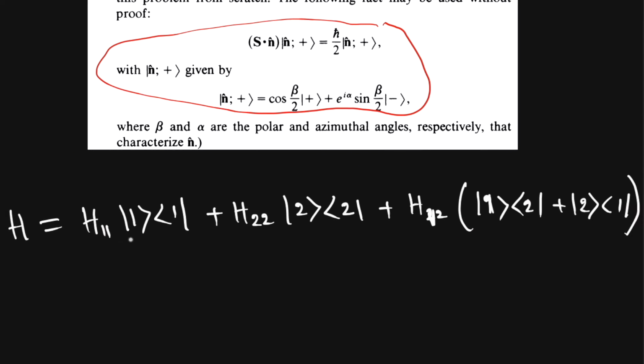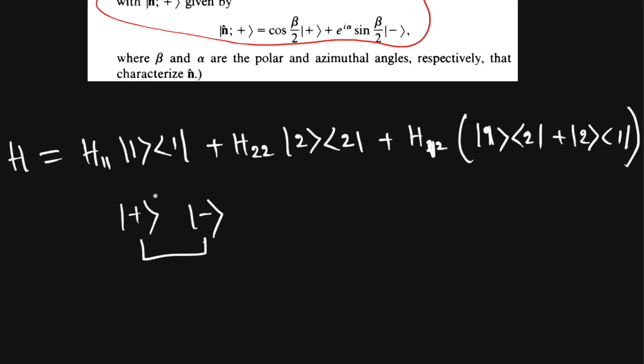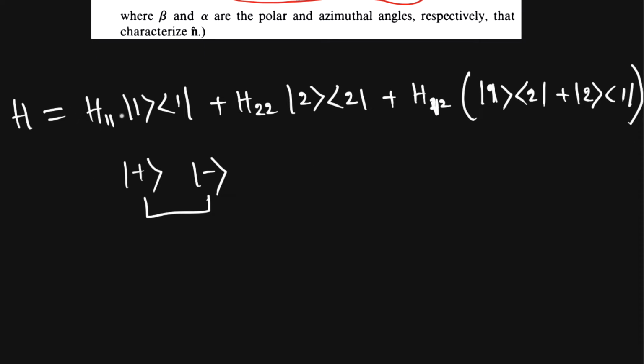This |1> and |2> are the same as the plus and minus kets for the spin system. These are orthogonal states, |1> and |2> are also orthogonal states. So let us rewrite these in some terms.